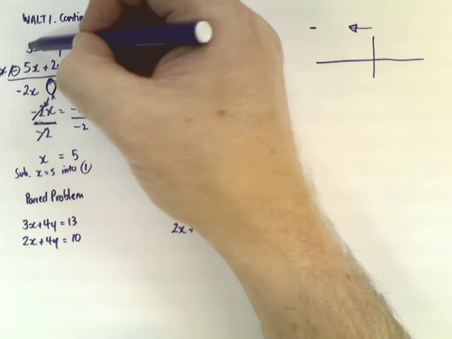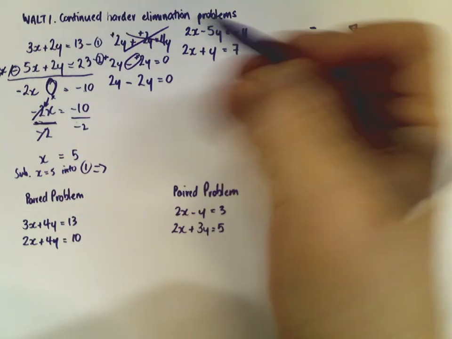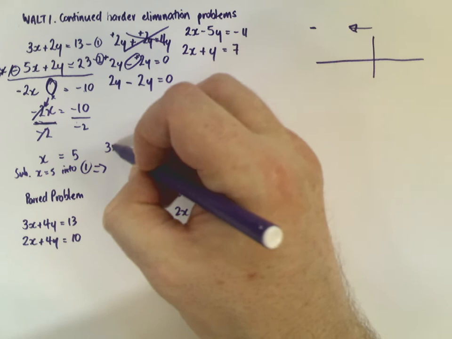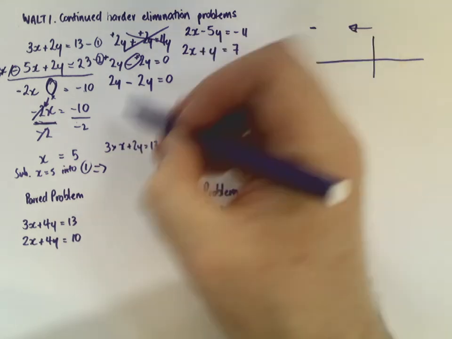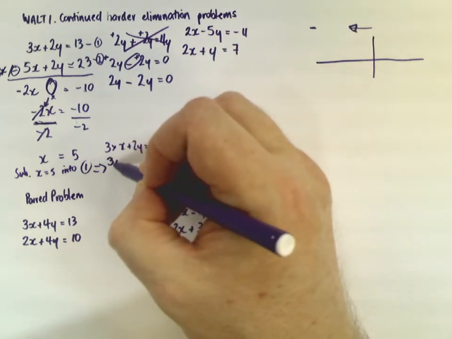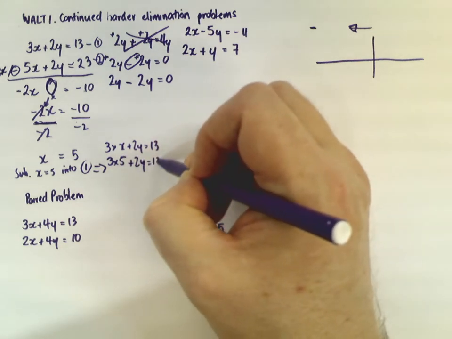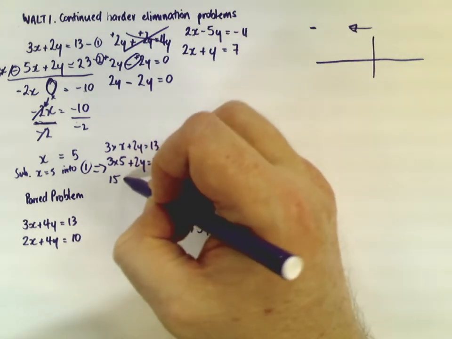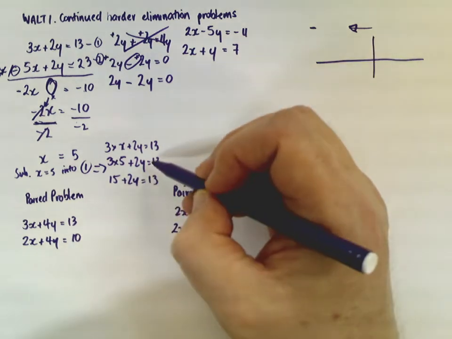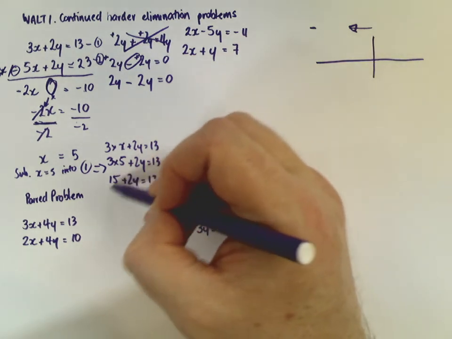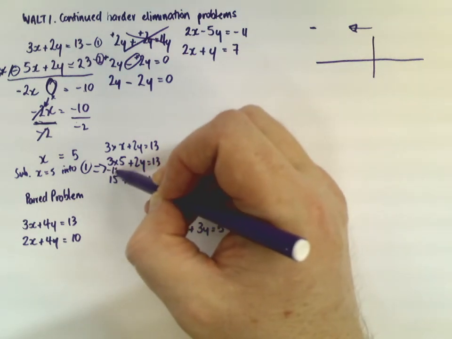This is going to be 3 lots of x plus 2y is equal to 13. And I know that x is 5, so it's going to be 3 lots of 5 plus 2y is equal to 13. So 15 plus 2y is equal to 13, and now I've got to solve. Well, I'm going to get rid of the 15 first. It's positive 15, so I'm going to do the opposite.